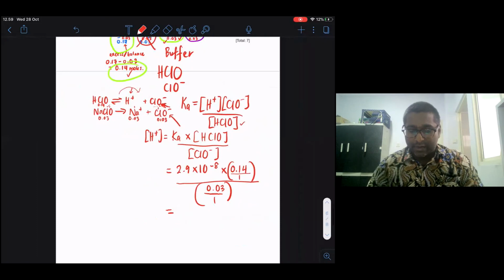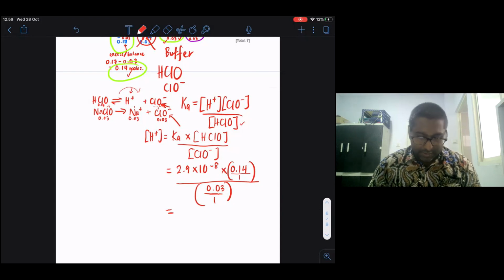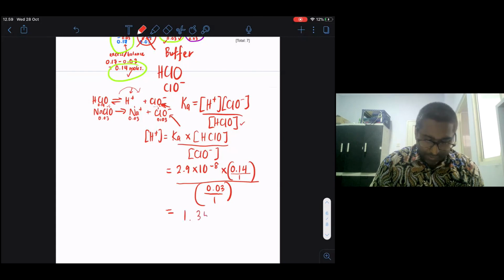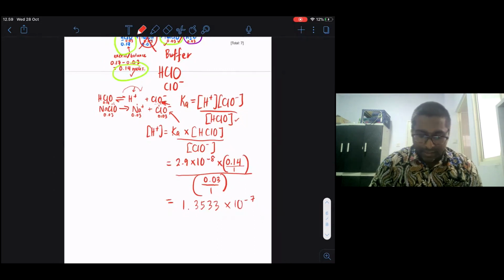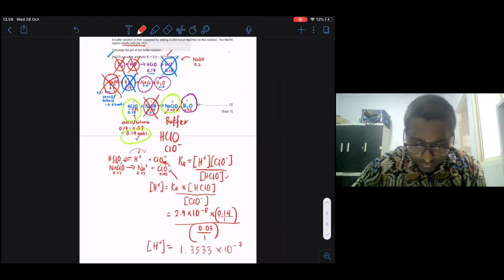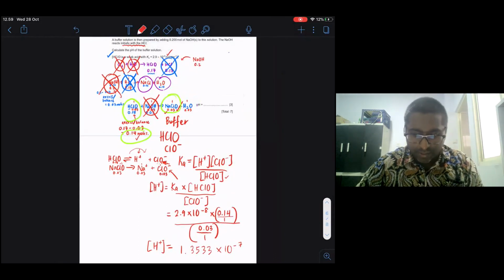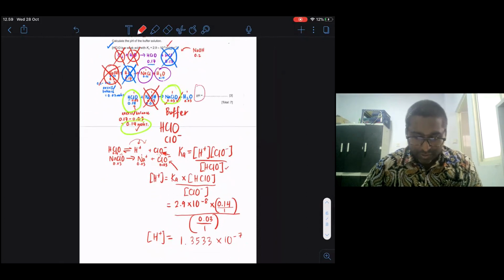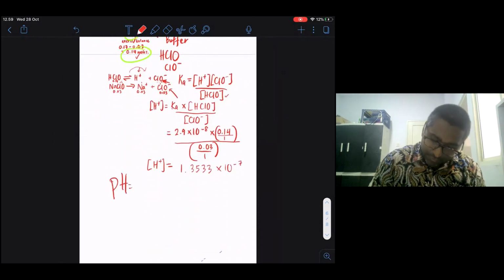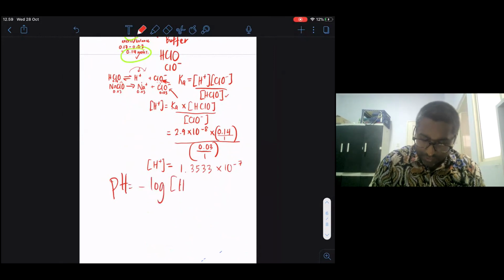Let me quickly calculate this: 2.9 negative 8 times 0.14 and then divided by 0.03. You will get 1.3533 times 10 negative 7. This is again the concentration of H plus. You need to calculate the pH. The pH is going to be the formula pH equals negative log concentration of H plus.